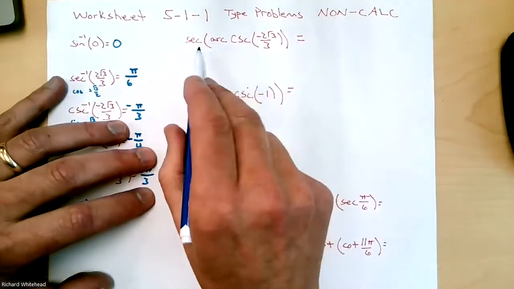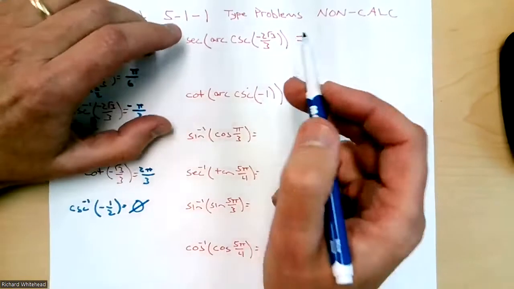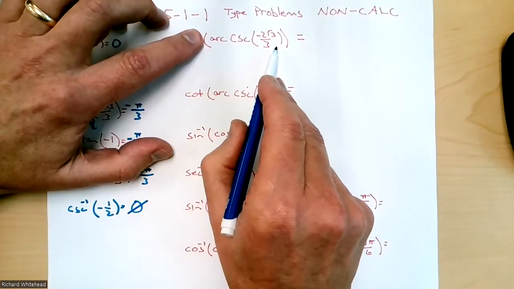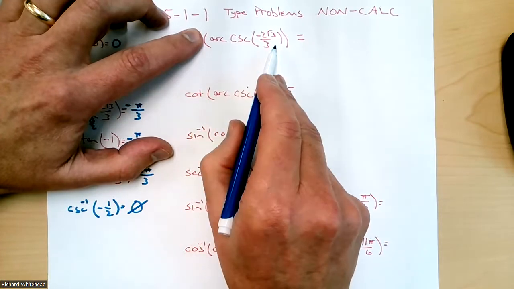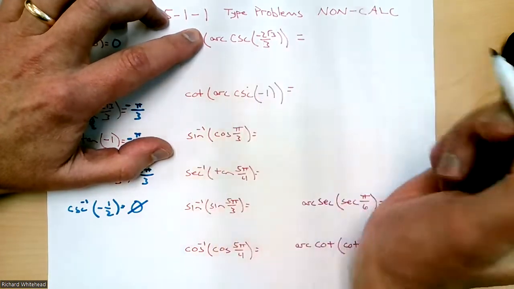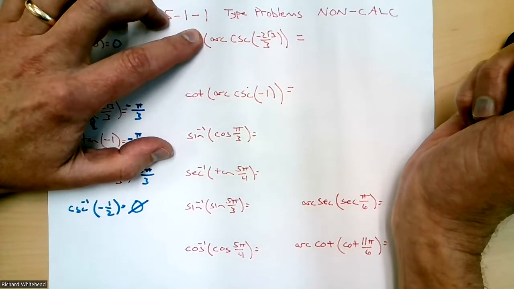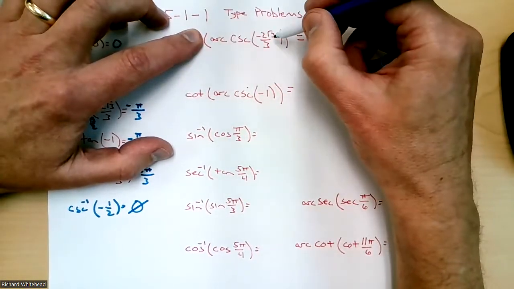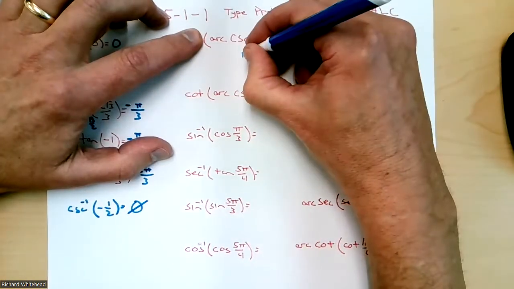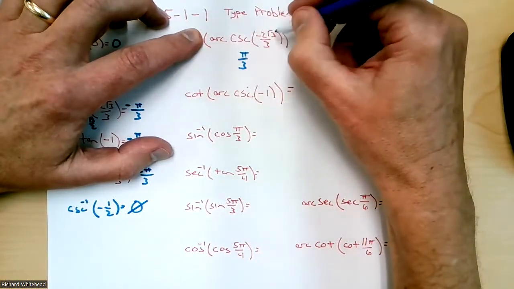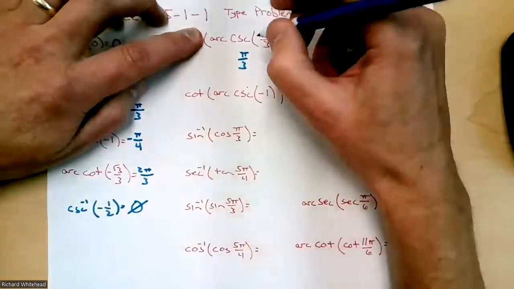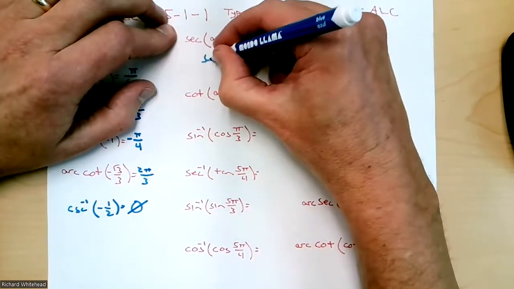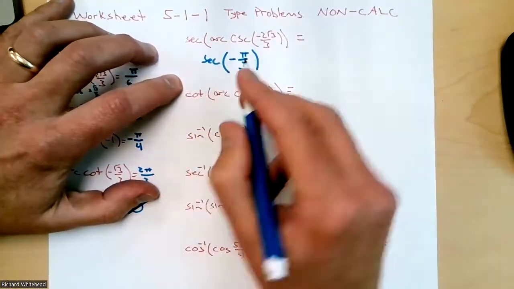Now you've got all these problems right here, which are multiple steps. So we have to think in terms of doing the inside first. When does cosecant equal negative 2 root 3 over 3? That's going to be a pi over 3 because it's just like this one here, but it's negative, so fourth quadrant. Now we've got secant of negative pi over 3.